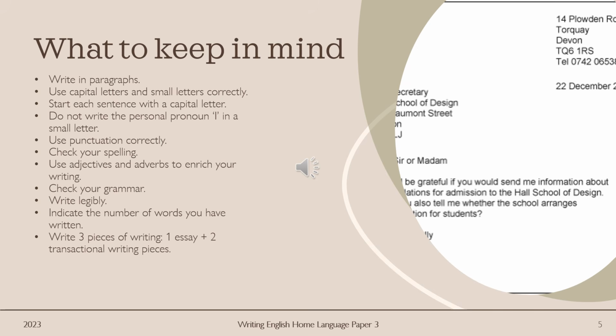Check your spelling. Use adjectives and adverbs to enrich your writing. Adjectives and adverbs are describing words. So if you're talking about a dress, tell us the color of the dress. If you're telling us that someone was running, say if they were running slowly or fast. That will enrich your writing.